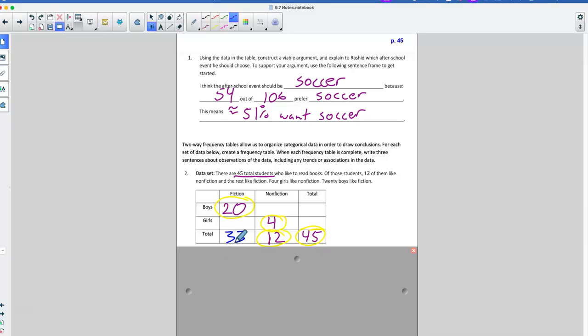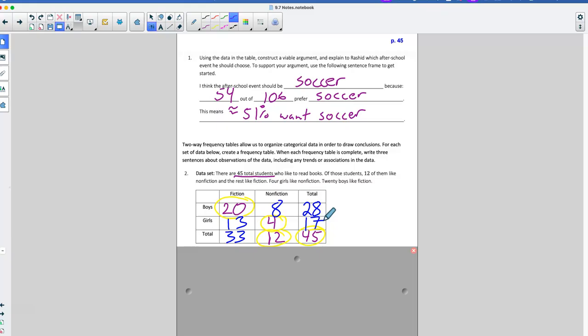Once I have 33, I know 20 boys like fiction. How many girls like fiction? We just find the difference, and that's going to be 13. Then how many boys like nonfiction? Well, 8. And then we look at the totals: 28 and 17. So we filled out our two-way table, and now we just have to make some observations.